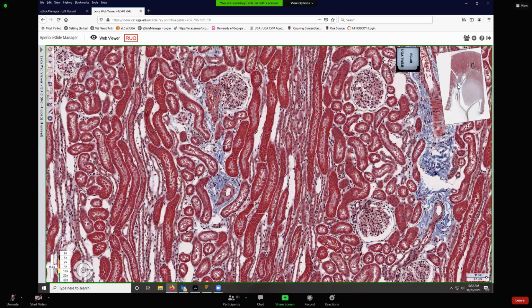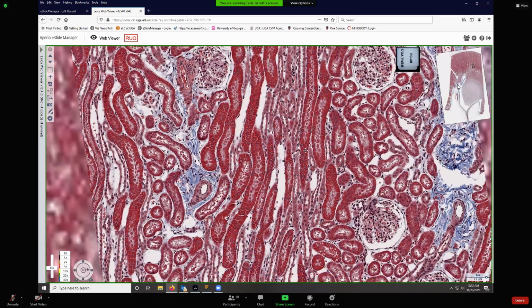Macula densa. Yep, macula densa cells. What else? The JG cells and then the extraglomerular mesangial cells. Perfect. And what else? The JG, macula densa, extraglomerular mesangial cells. Okay, so those things make up the JG apparatus.